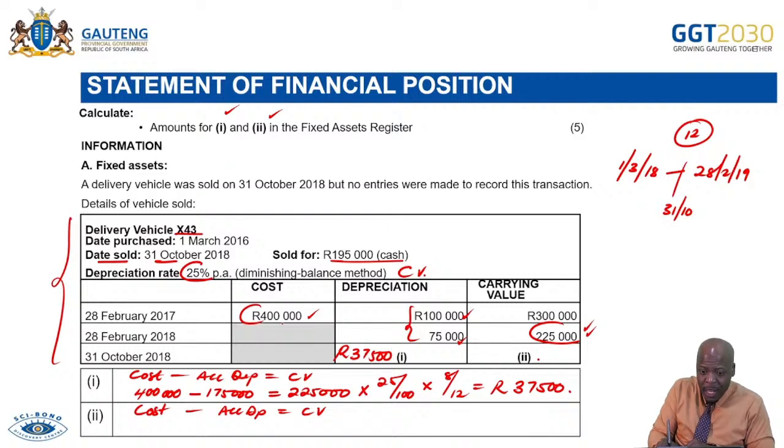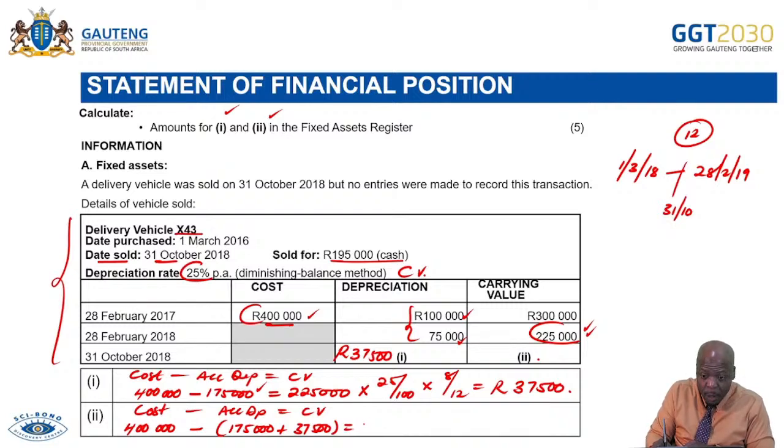I'll take my cost, which is 400,000, minus my accumulated depreciation. Remember, I had 175 here, so I'll say 175 plus the accumulated depreciation for this year, which is your 37,500. If I close my bracket, someone tell me, how much do I get here?